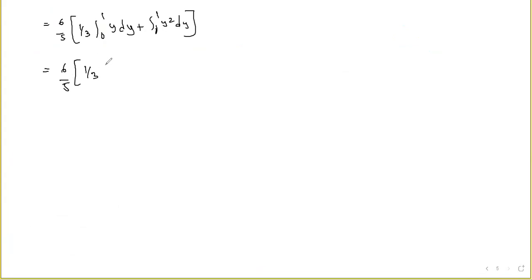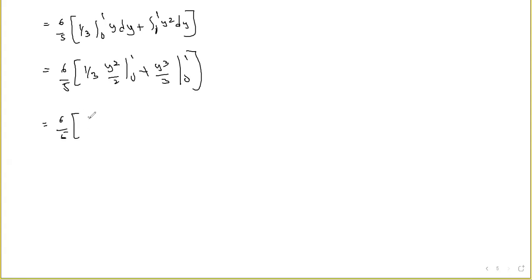So now it is equal to 6 by 5 outside as it is. Next here 1 by 3 integration 0 to 1 y dy plus integration 0 to 1 y square dy. So 6 by 5 1 by 3 y square by 2 0 to 1 plus y cube by 3 0 to 1.